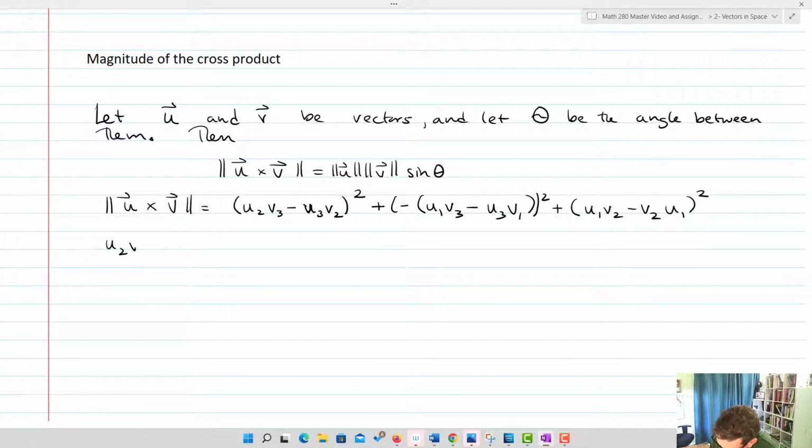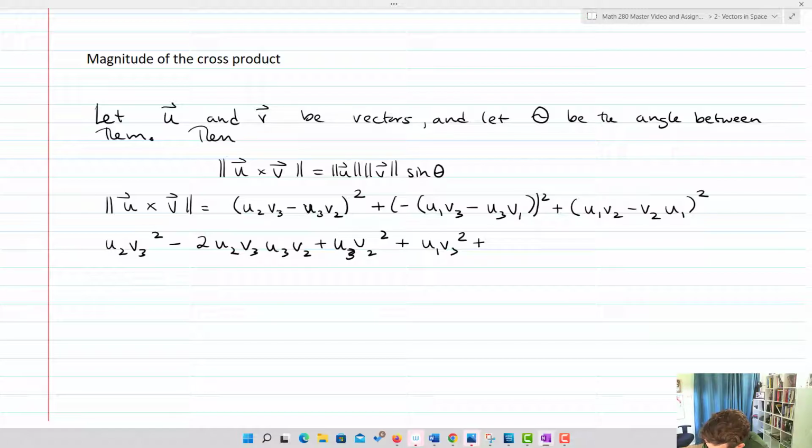We get u2 v3 squared minus 2 u2 v3 u3 v2 plus u3 v2 squared, plus u1 v3 squared minus 2 u1 u3 v1 v3 plus u3 v1 squared.